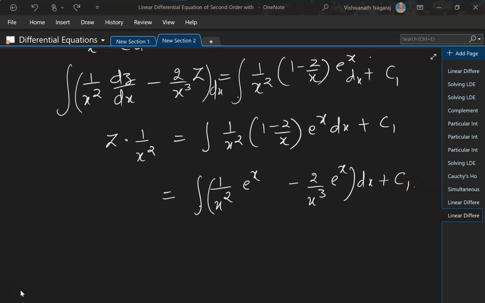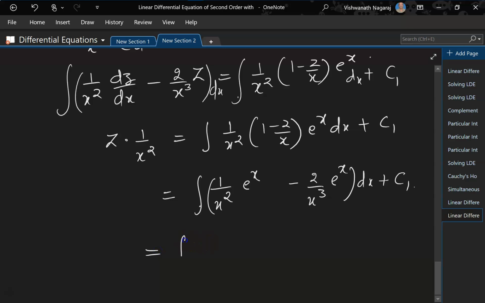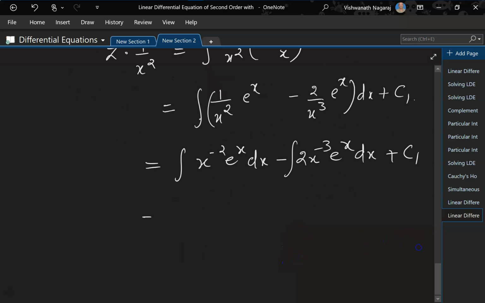Now let's write it in this form: (x minus 2) e to the power of x. Let's split it: the integral of x^(-2) e^x dx minus the integral of 2x^(-3) e^x dx plus c1.